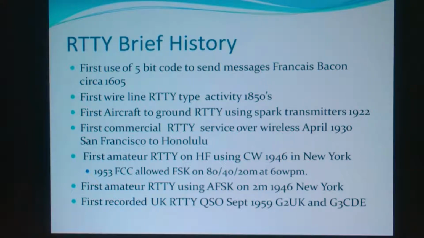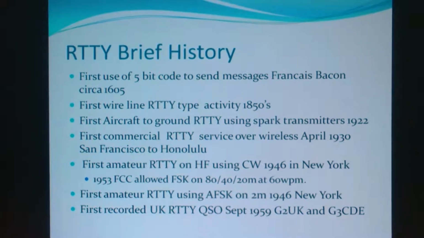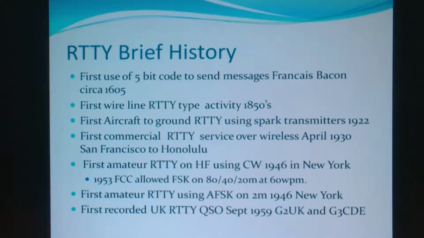The reason for that is that in that time, the FCC didn't allow FSK on HF bands. Interestingly, it was allowed on 2 meters, so at the same time, they actually did RTTY using AFSK. So FSK is when you change the carrier frequency in line with the incoming data. AFSK is where you send an audio tone.